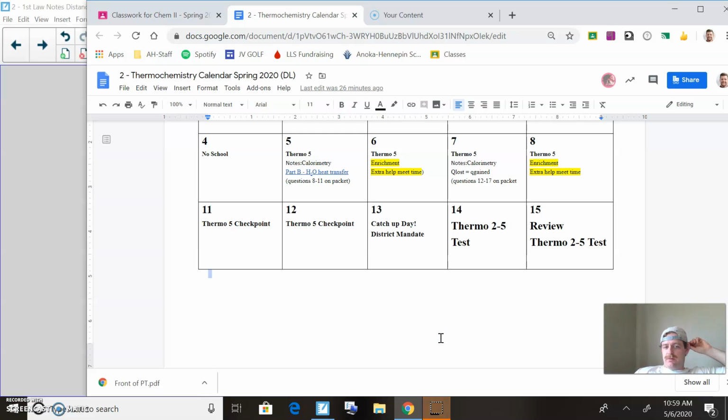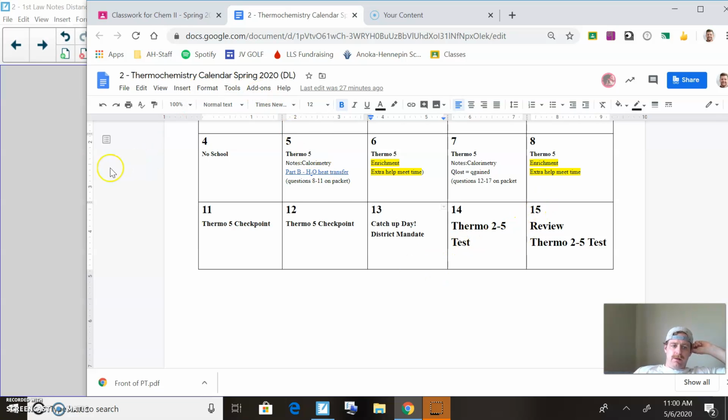If we get through this, I would say that's pretty good. So Friday is the checkpoint. Do those because that's for a grade. The other stuff's not for a grade, it's just to help you learn. Wednesday is a catch up day. It's a district mandate now that we have a catch up day. And then we have our test probably Thursday or Friday.